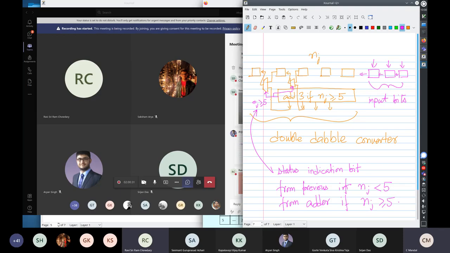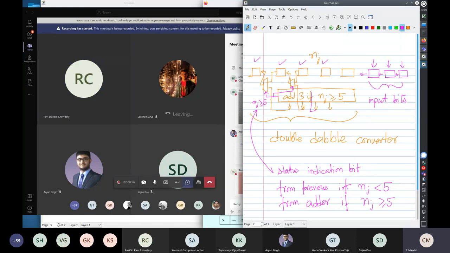Yes, sir. But for the left side orange color register, we have this condition that the control line will be nj greater than or equal to 5. But for the right side? No, that just decides the source of the bit for these 4 bits. This one decides for these 4 bits.